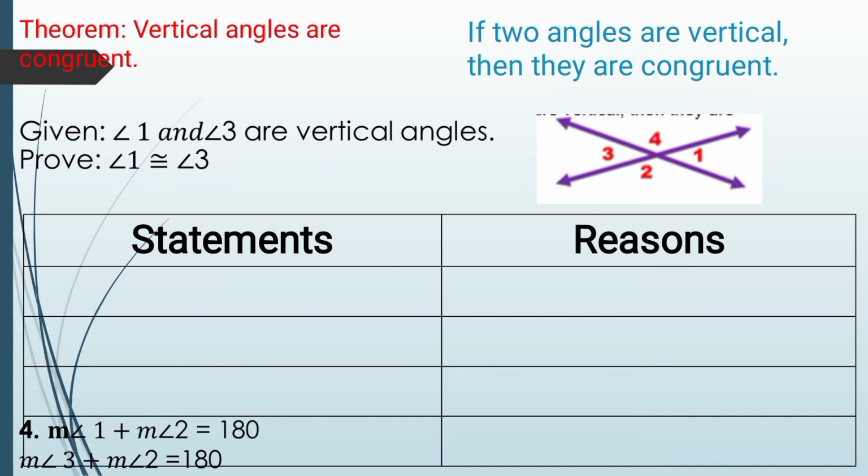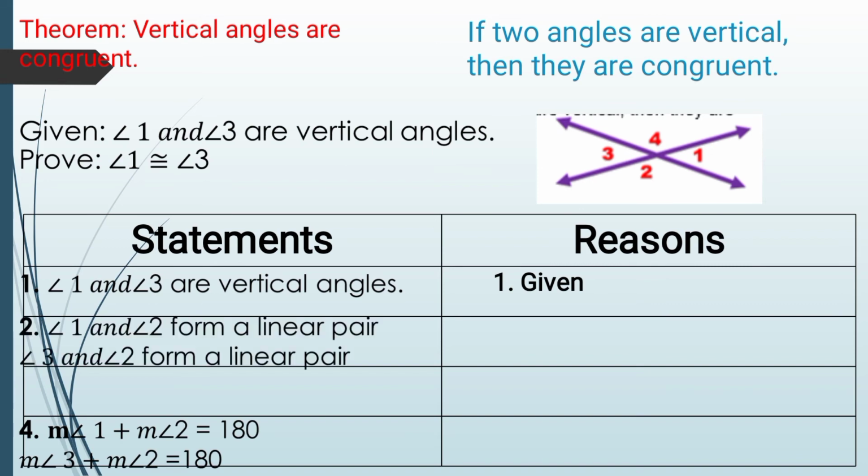congruent. So the first thing to do, our first statement, is we need to start with the given. Always start your proving with a given. So from the first statement, angle 1 and angle 3 are vertical angles, the second statement will be angle 1 and angle 2 form a linear pair, as you see on the picture.